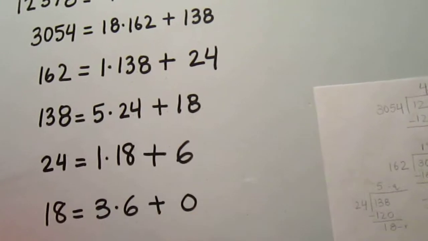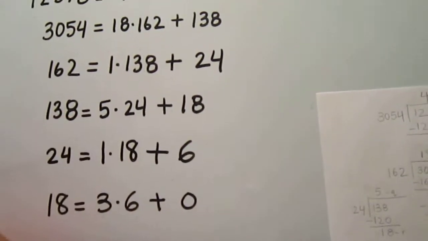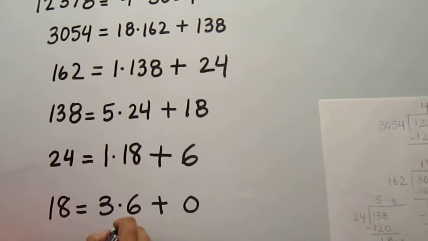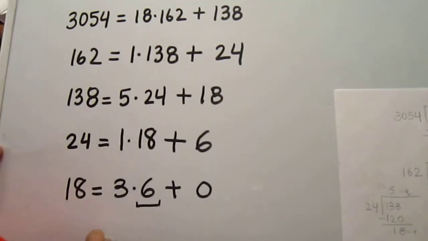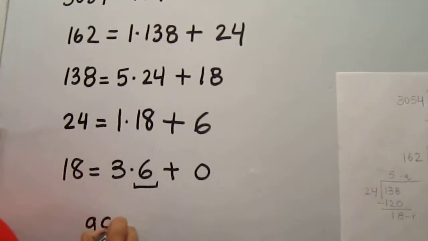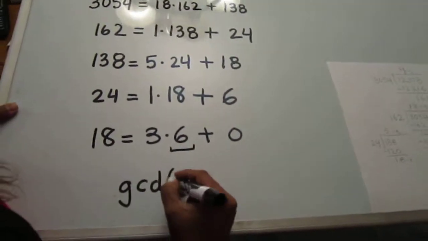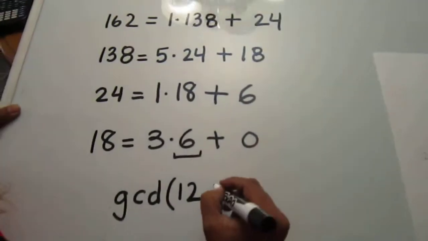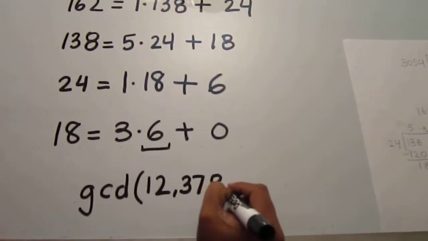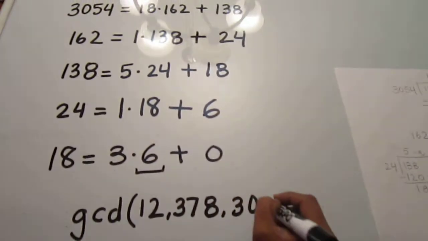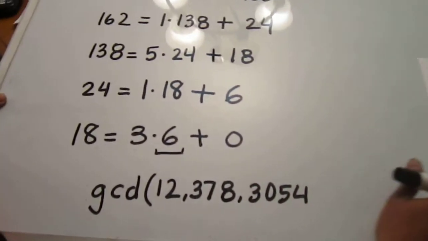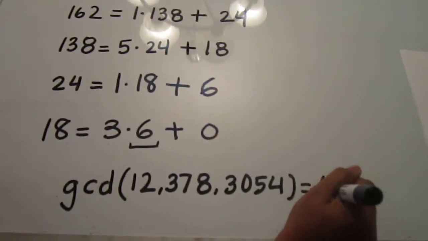And here we go. The last nonzero remainder is our greatest common divisor. So we write it again just like that: GCD of 12,378 and 3,054 equals 6, right?